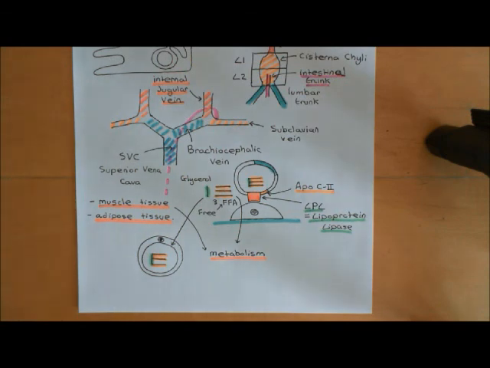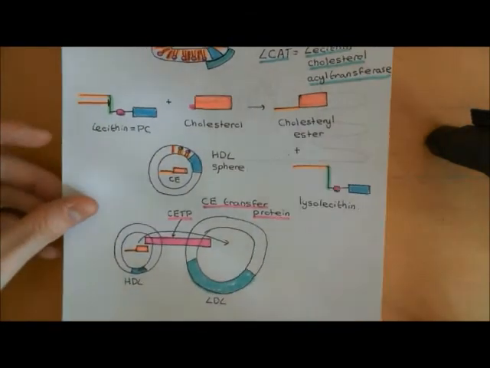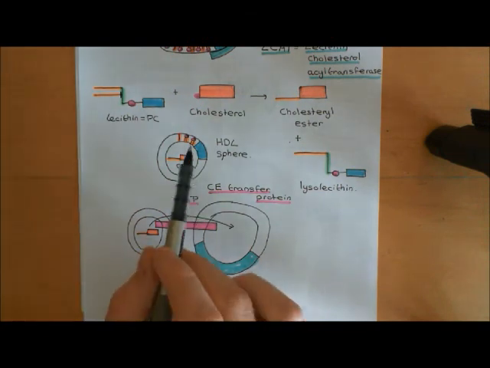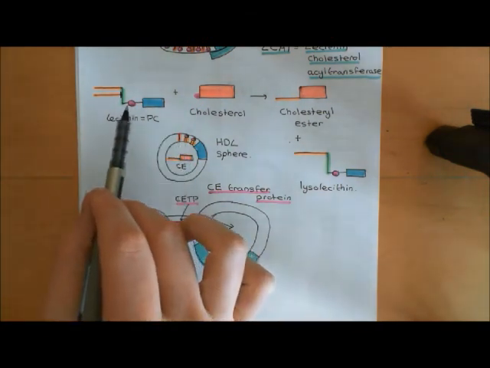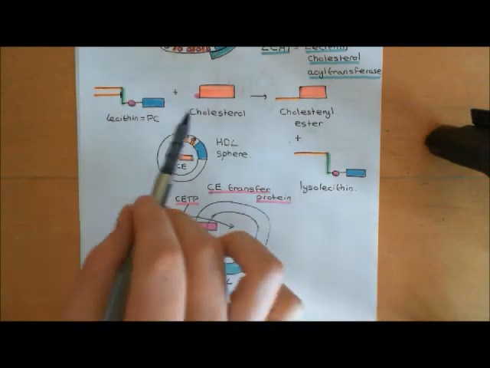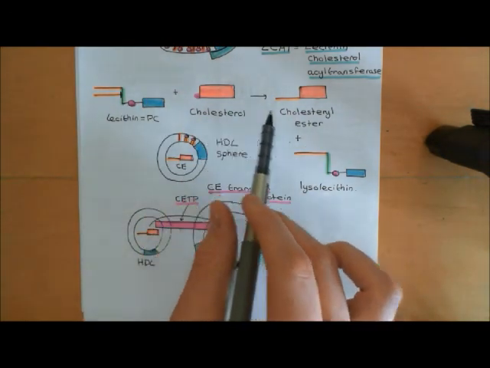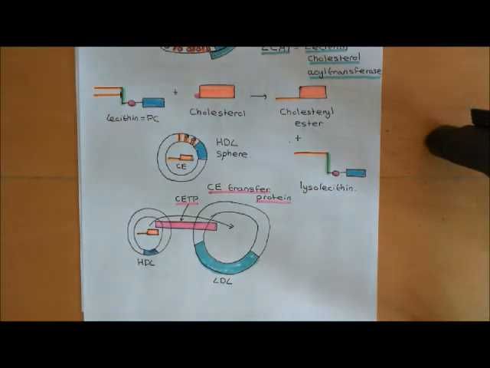Remember HDL particles, if I just bring this back up again, they really need phospholipids, because they need the lecithin molecules to continue doing this reaction where they're adding acyl groups onto cholesterol molecules, this reaction that's catalyzed by LCAT.